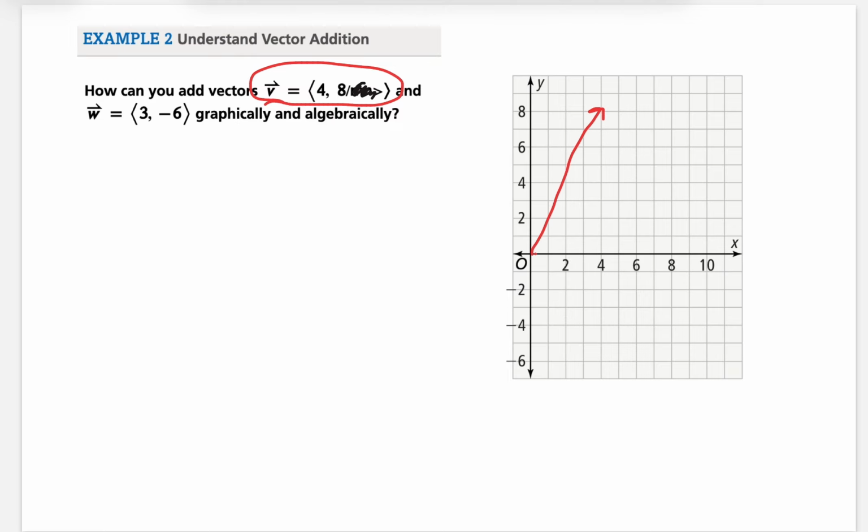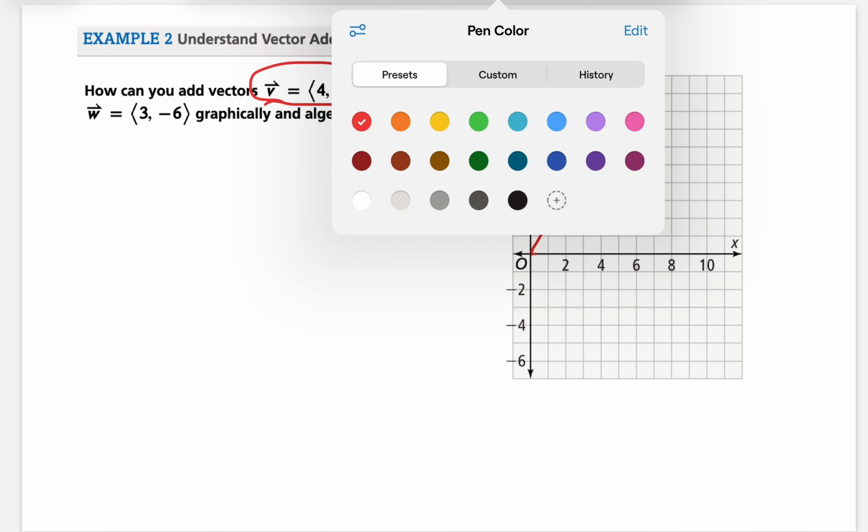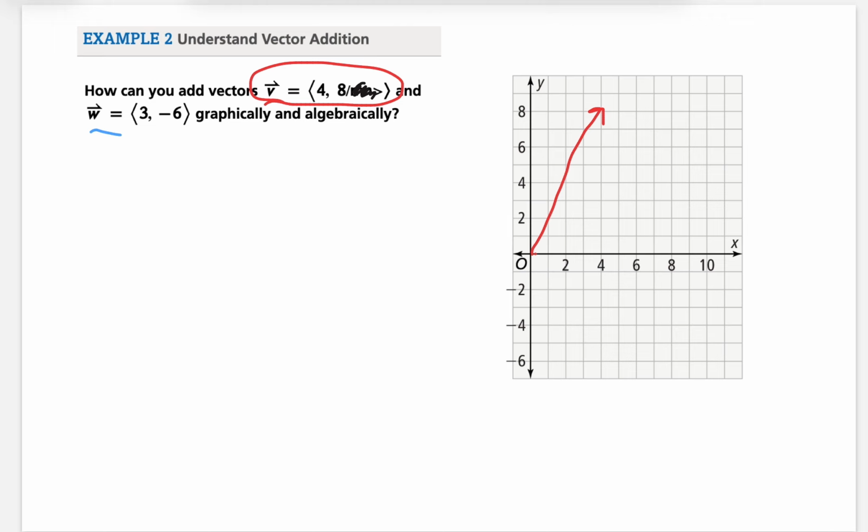So that's not a perfect vector, but there's my vector v at (4, 8). Now to get vector w, let's do blue, I could also graph that starting at the origin and going 3 and back -6.